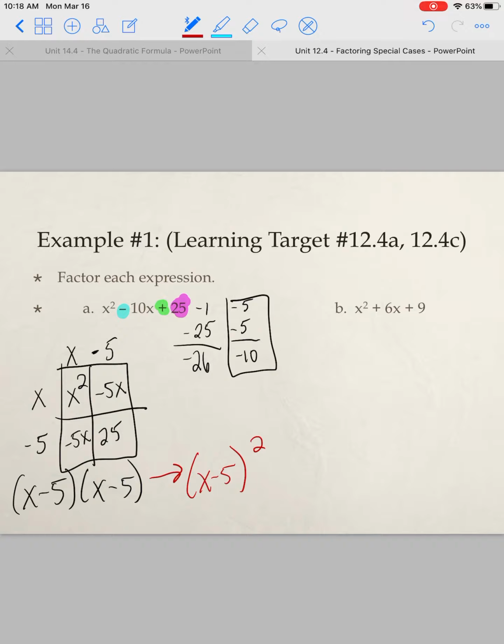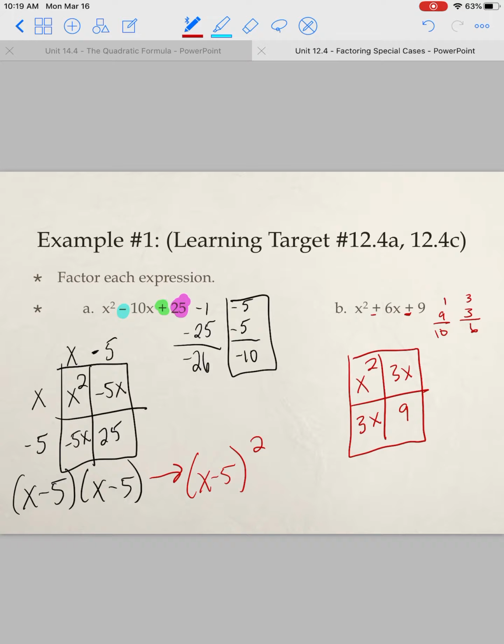All right, so on this one over here, I'd find the factors of 9. They're 1 and 9, 3 and 3. My rule tells me they're the same sign, and they are both positive. Draw my box. I would have x squared, 9, 3x, and 3x. Find my greatest common factors.